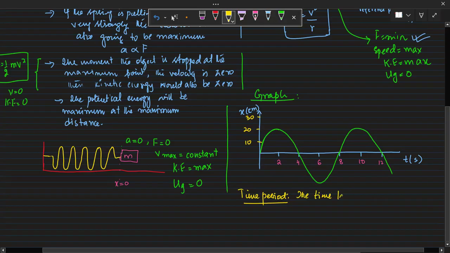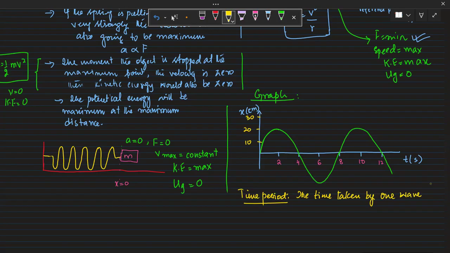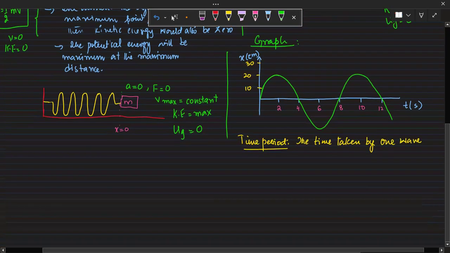You can say the measure of time by one wave, or the time taken by one wave. So to complete one oscillation, the time taken by one oscillation, one wave, or one vibration, that's the same thing.